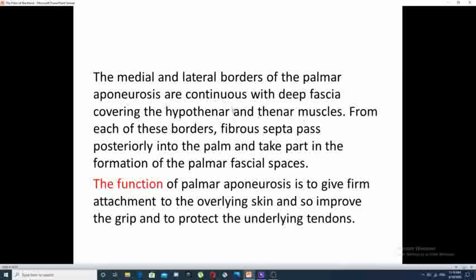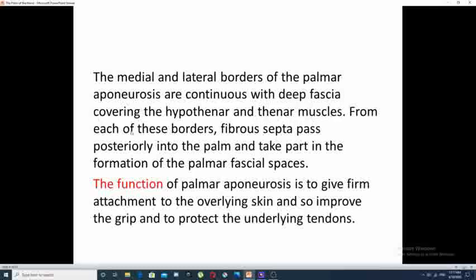Hypothenar muscles are the muscles which act on the little finger, and they form the medial part of the palm of the hand, whereas the thenar muscles are muscles that act on the thumb, and they form the lateral part of the palm of the hand.